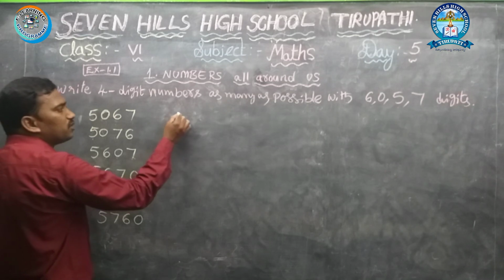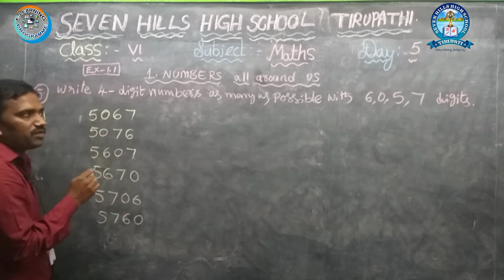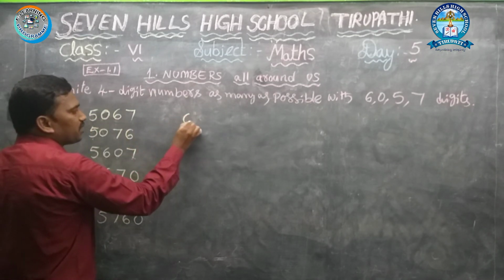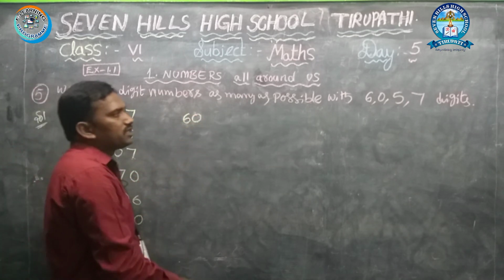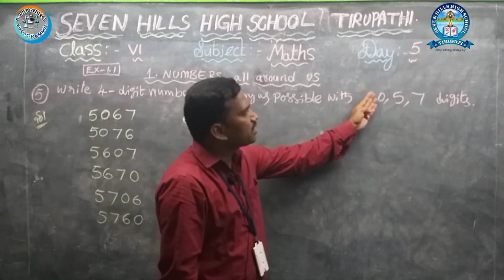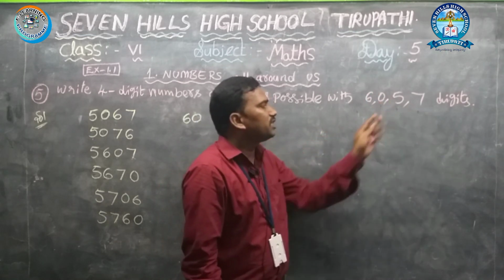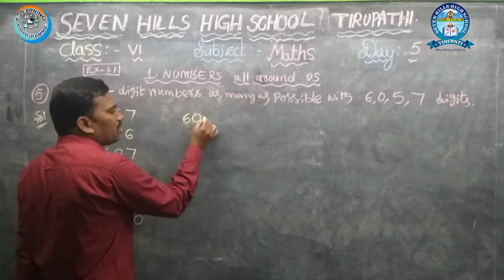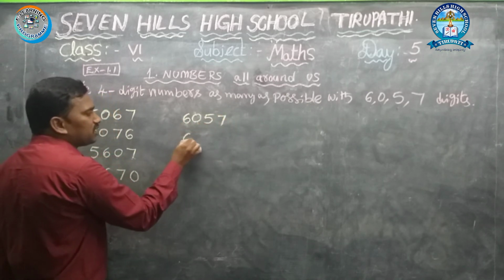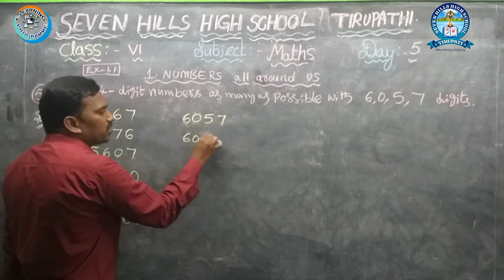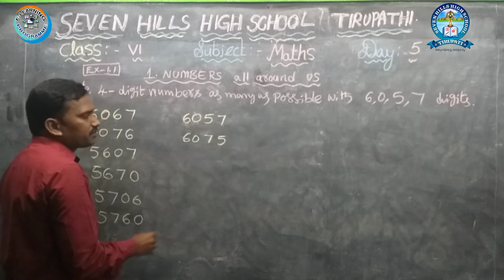Now we are moving to 6. After 6, the remaining 3 digits are 0, 5, 7. In that, the smallest number is 0, after that 5, after that 7. In the 60 series, you replace that one: 6075, 6057.